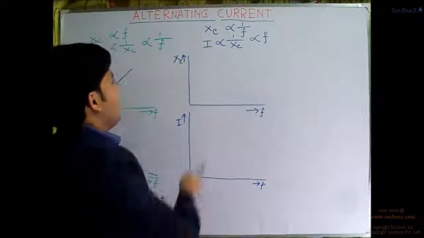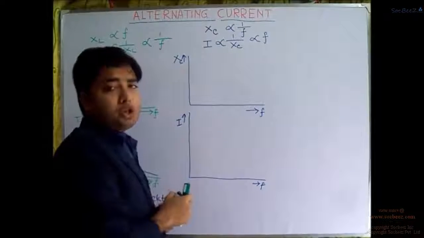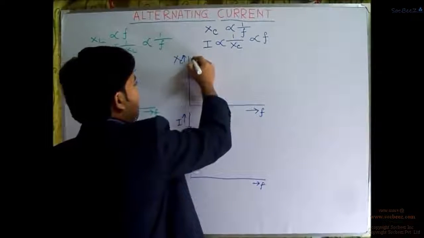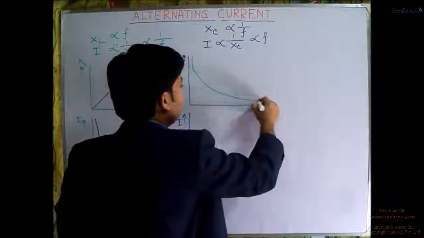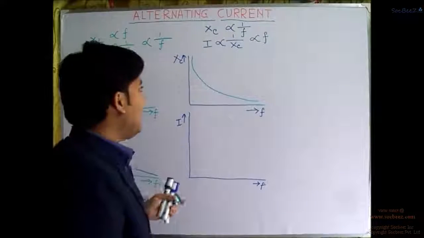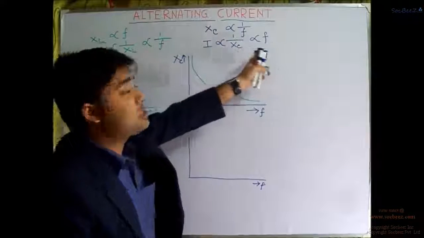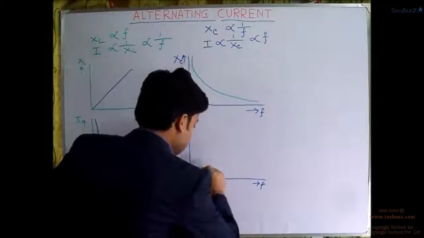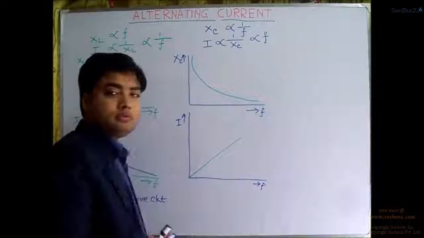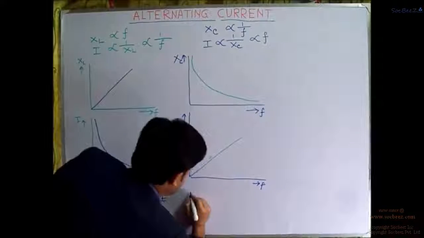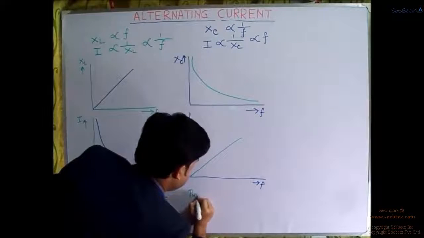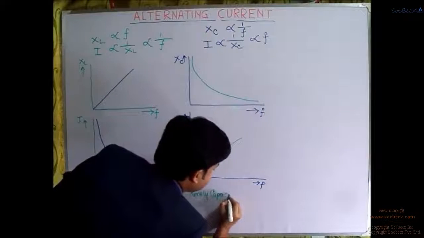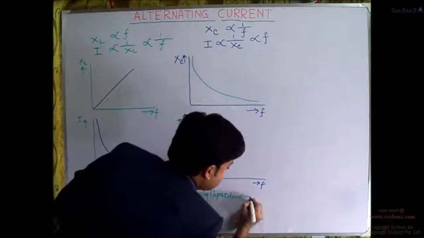As we see that XC is inversely proportional to F, we could draw the graph likewise. And as we see that this alternating current is directly proportional to F, the graph shall be like this. This is the case of a purely capacitive circuit.